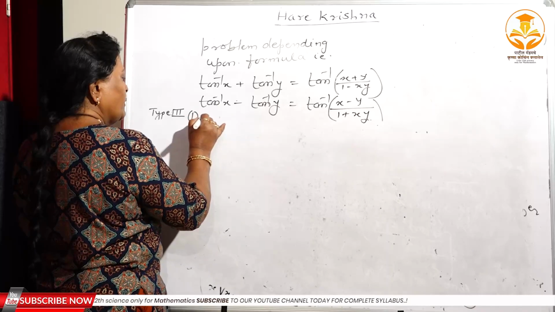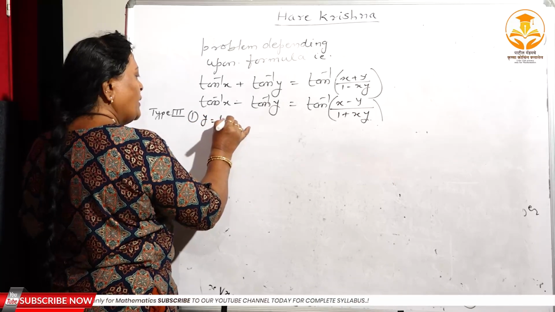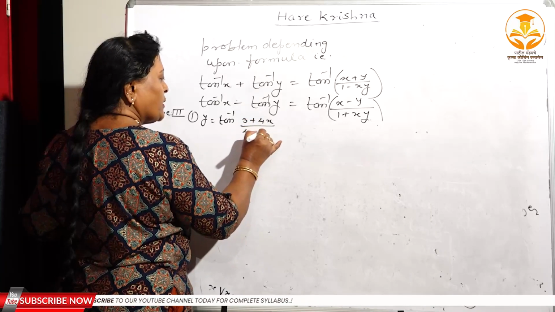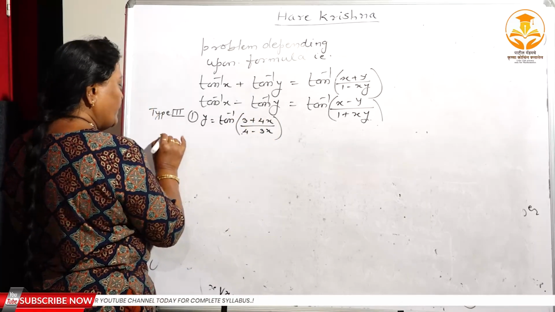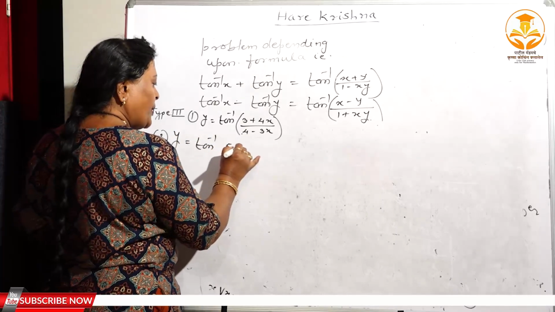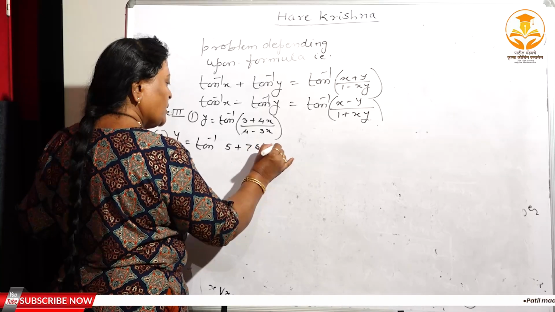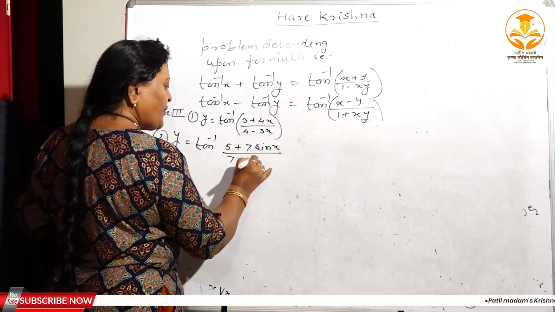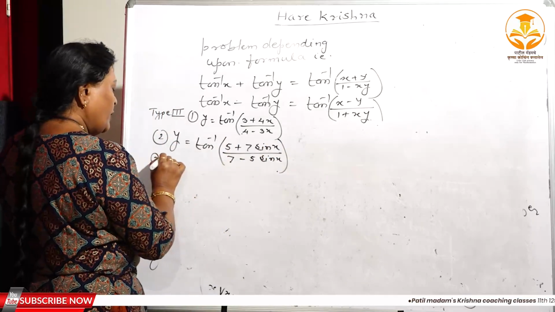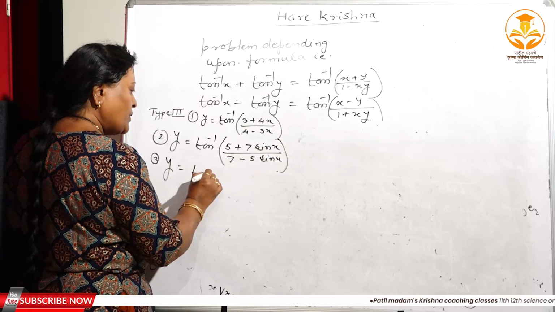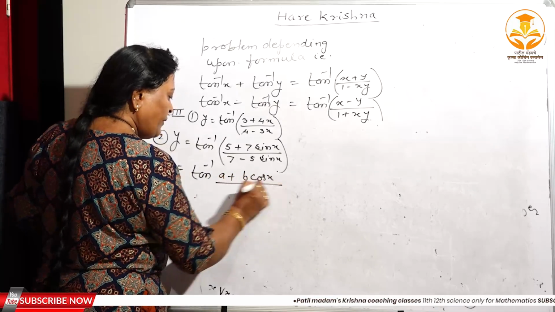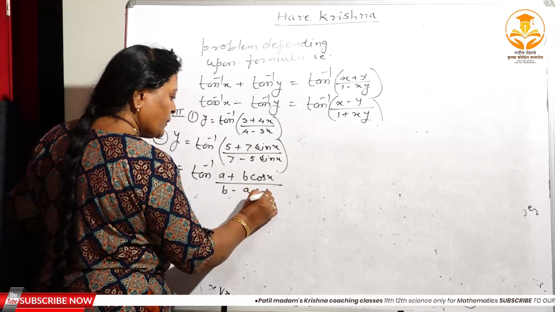Now the first one, y is equal to tan inverse of 3 plus 4x divided by 4 minus 3x. Second one, y is equal to tan inverse of 5 plus 7 sin x divided by 7 minus 5 sin x. Third, y is equal to tan inverse of a plus b cos x divided by b minus a cos x.